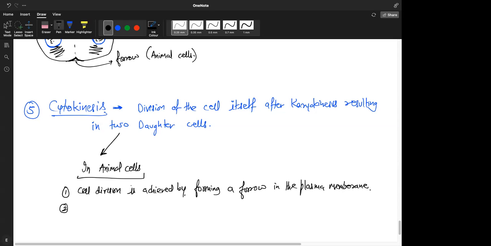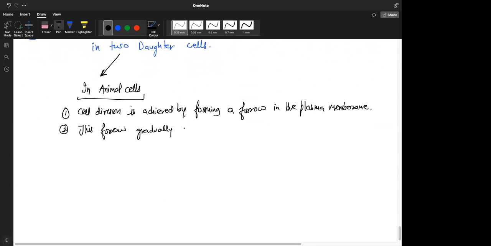Second point: this furrow gradually deepens into the cytoplasm and ultimately joins in the center, because the furrows are coming from two opposite sides, right?